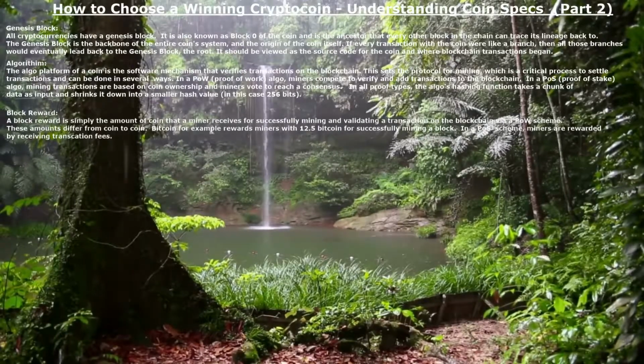Bitcoin, for example, rewards miners with 12.5 Bitcoin for successfully mining a block transaction. And in a POS model, the miners are rewarded differently. They're rewarded by receiving transaction fees once they've successfully completed a transaction. And sometimes these will be percentage fees that are paid out month to month.